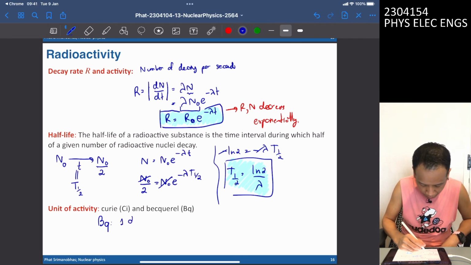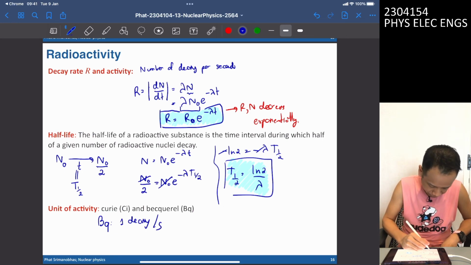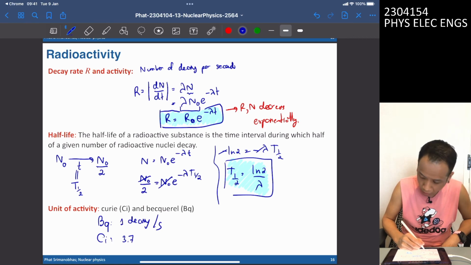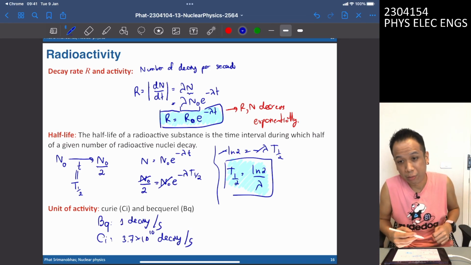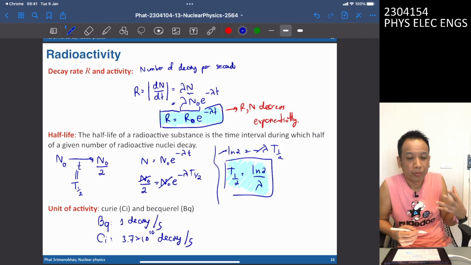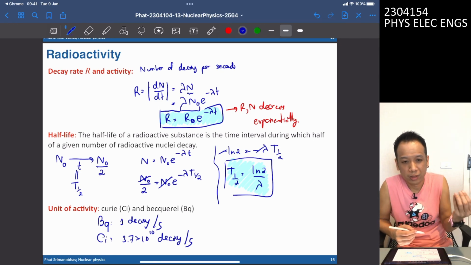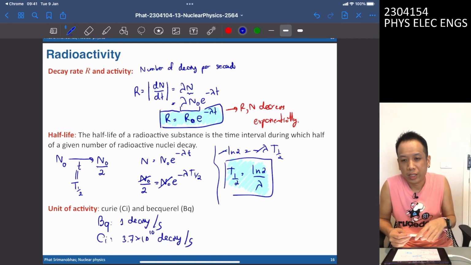The Becquerel means one decay per second, but the Curie is 3.7 times 10 to the 10 decays per second. So basically, Curie and Becquerel are the same kind of unit, just of different size. The Curie is 3.7 times 10 to the 10 times higher than the Becquerel.